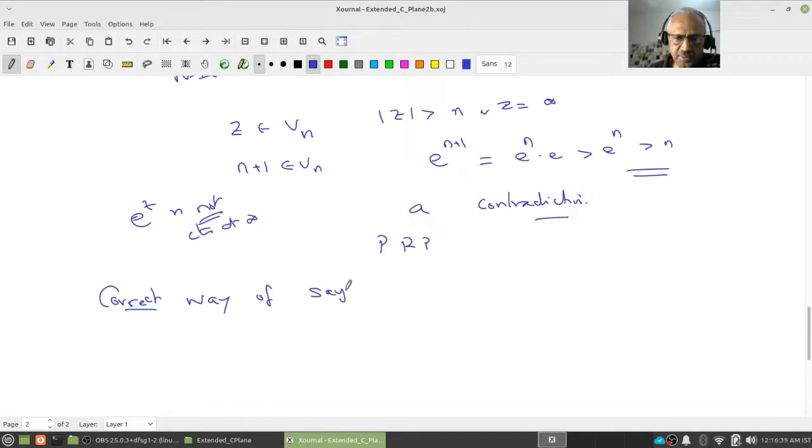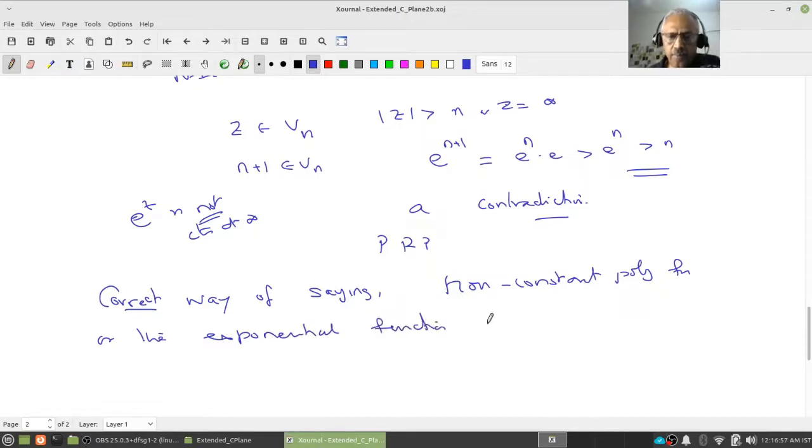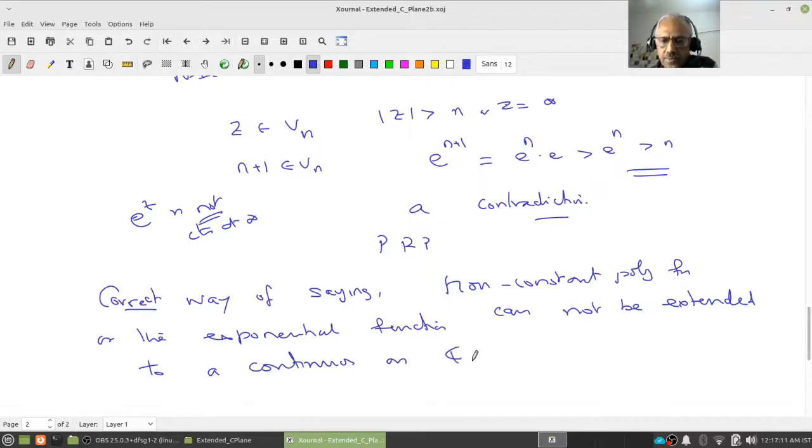A precise way of saying this is, a non-constant polynomial function or the exponential function cannot be extended to a continuous function on all of C infinity.